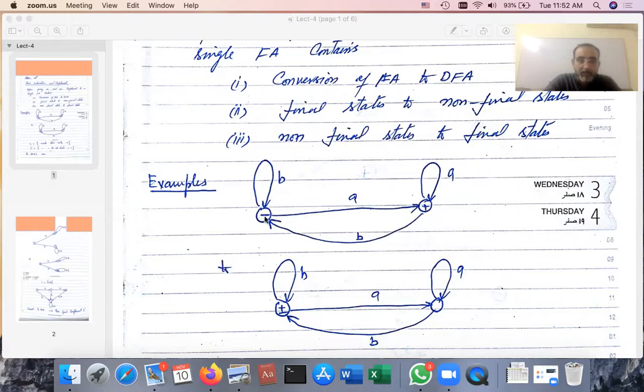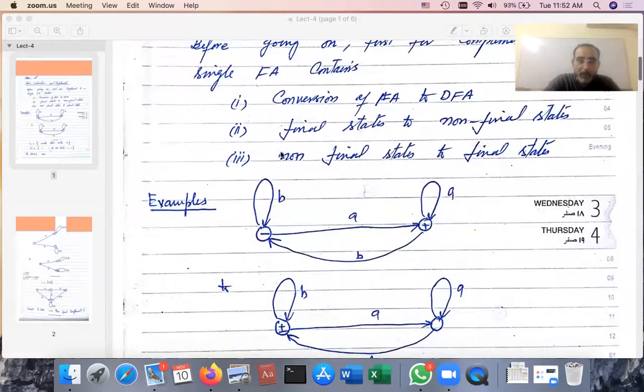From the initial state, we can take an A and we can go to the final state, and then from the final state, after taking B, we can again reach the initial state. And similarly, there is a loop with B on the initial state, and there is a loop with A on the final state. So this is basically the FA that you have to convert, on which you have to apply the operation of complement.